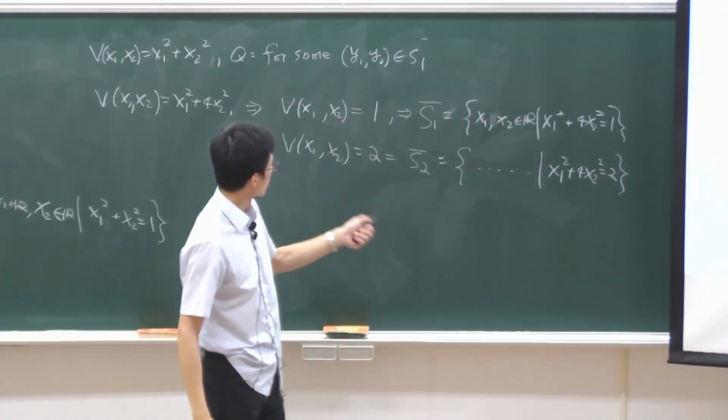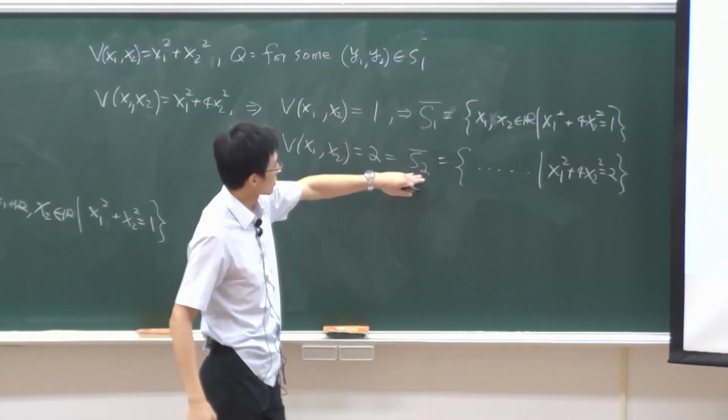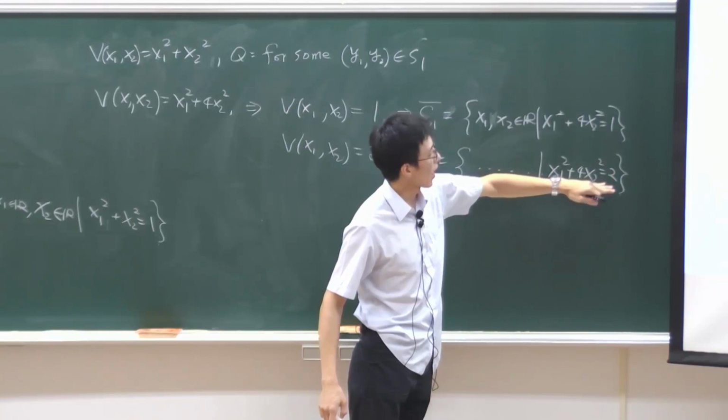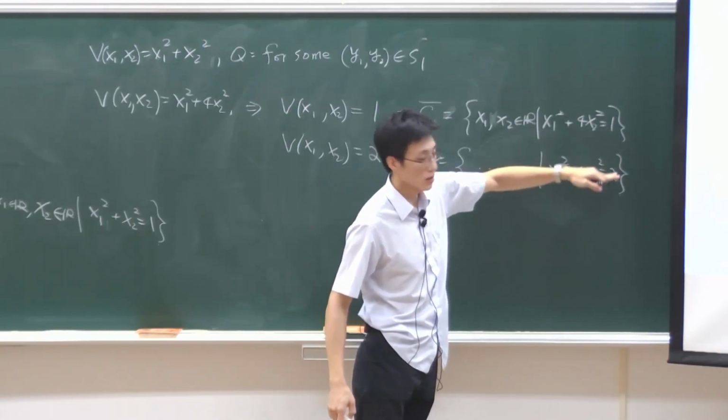So these are level sets S1, S2. The different conditions: this is equal to 1, this equal to 2. The height of V is equal to 1, equal to 2.